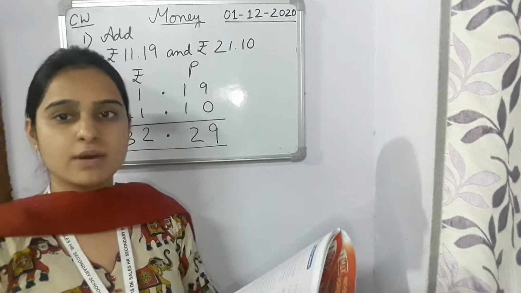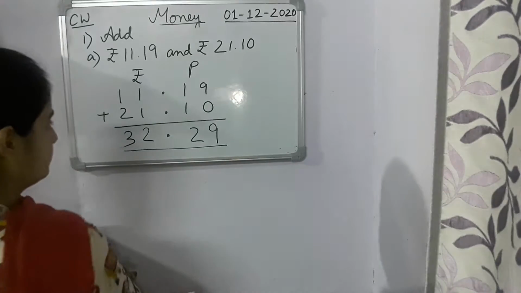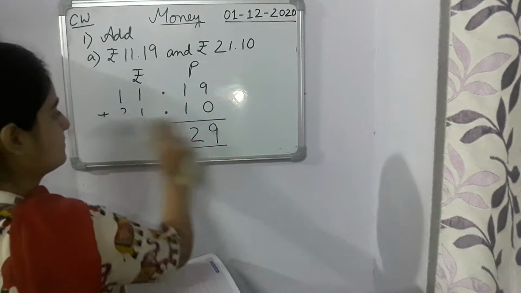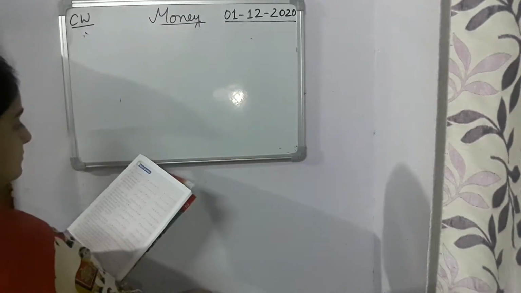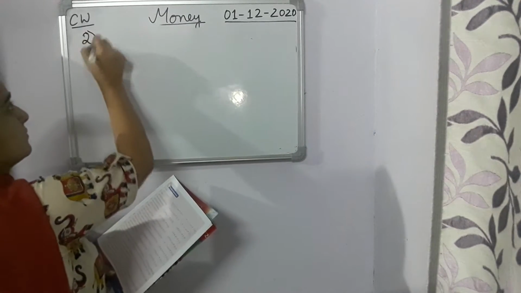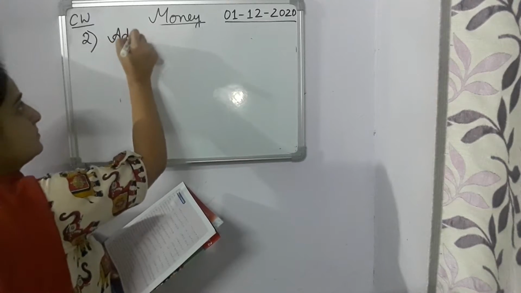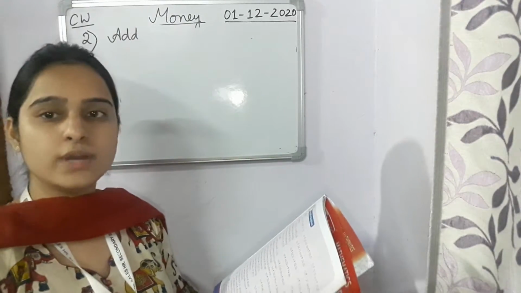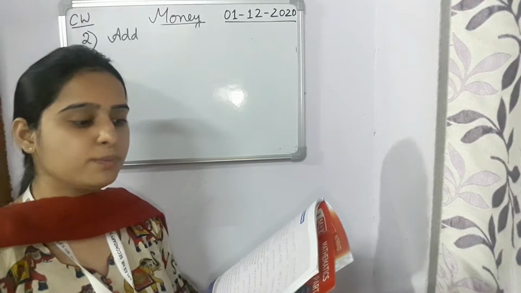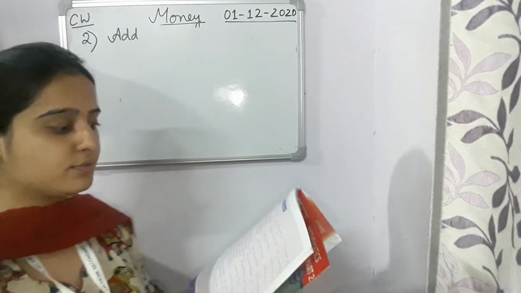Let's do the next, number 2, addition. So it is same as number 1 only. Still I will do A for you so that you can do B and C for yourself.